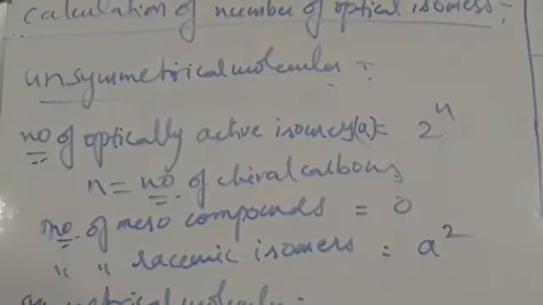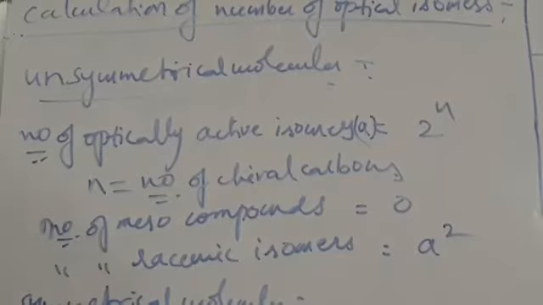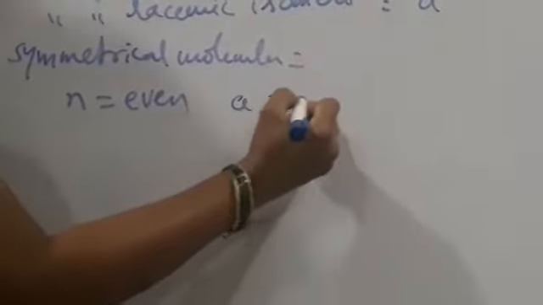So for symmetrical molecules, if n is even, the number of optically active isomers A is equal to 2 to the power n minus 1, when n is even. Okay.